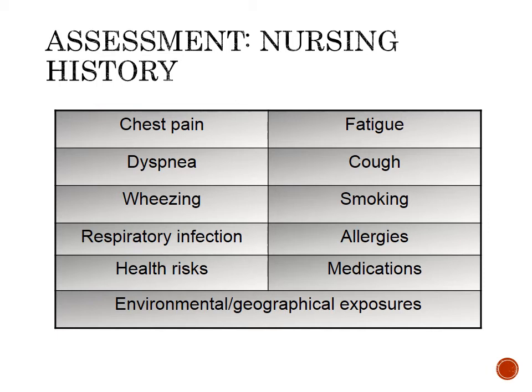As far as fatigue in patients with cardiopulmonary problems, it's usually an early sign that they're becoming worse, so it's important to look into that. Dyspnea is one of those clinical signs that is letting you know that your patient is becoming hypoxic.